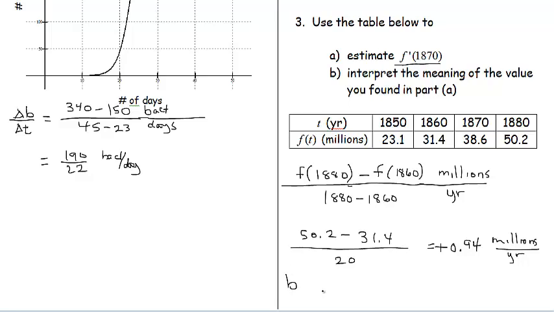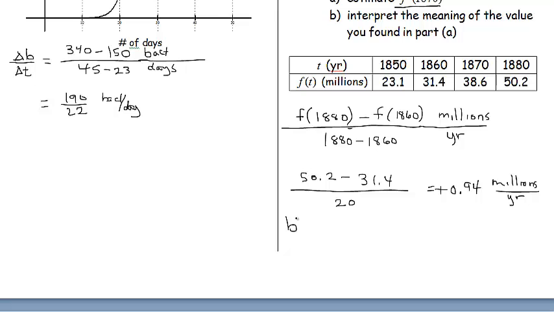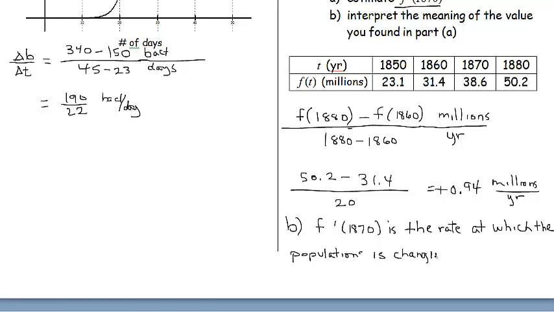All right, part B, interpret the meaning of the value you found in part A. Okay, well, f prime of 1870 is the rate at which the population is changing in millions per year at t equals 1870.